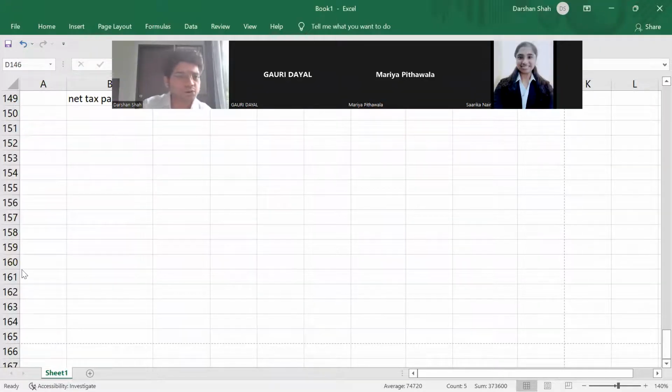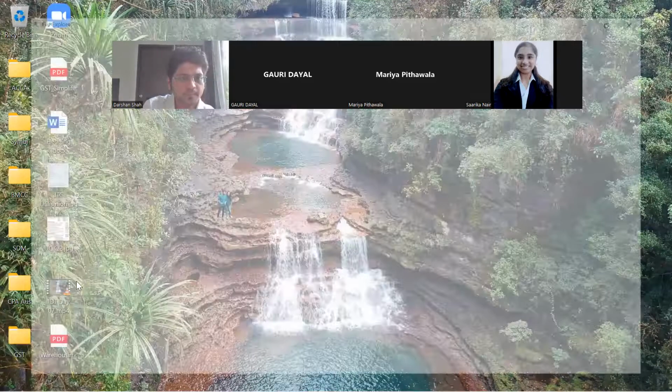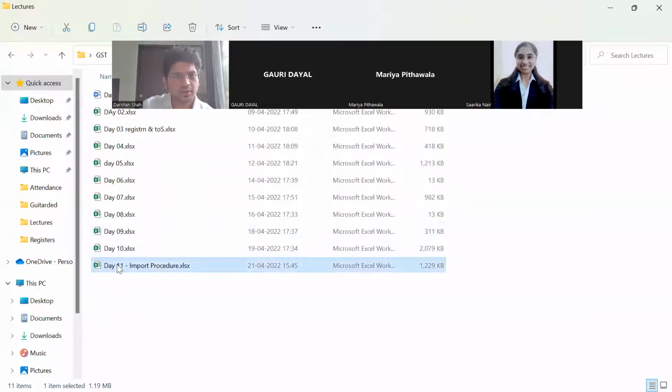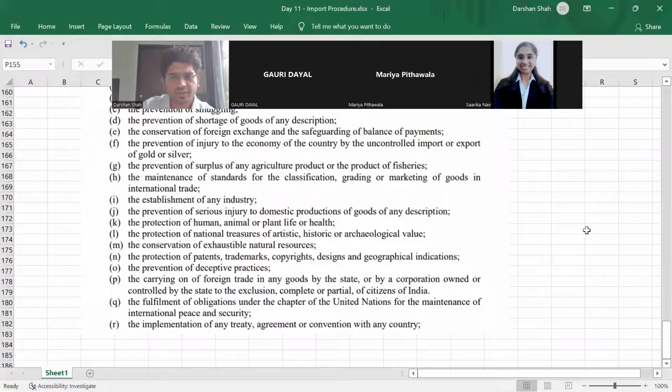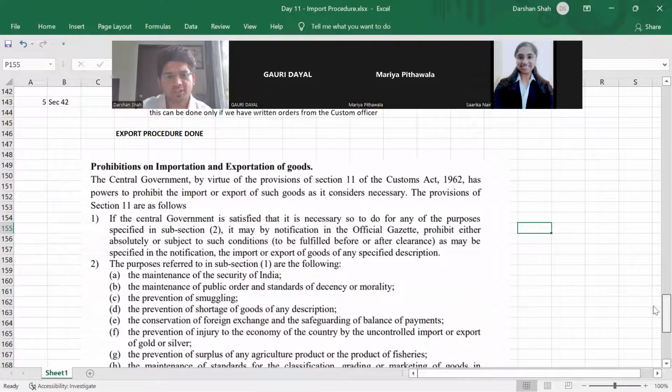Also, in your lectures, I have just put up one more thing: why imports or exports might be prohibited. Just go through that list.